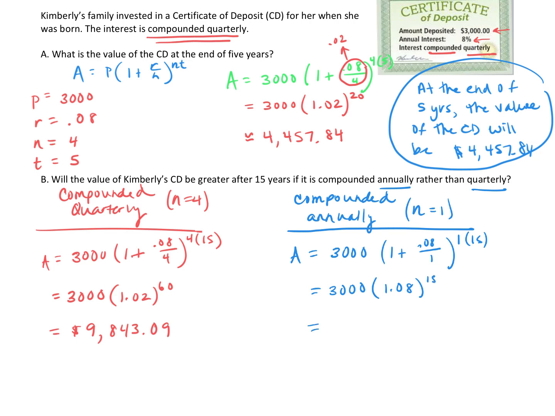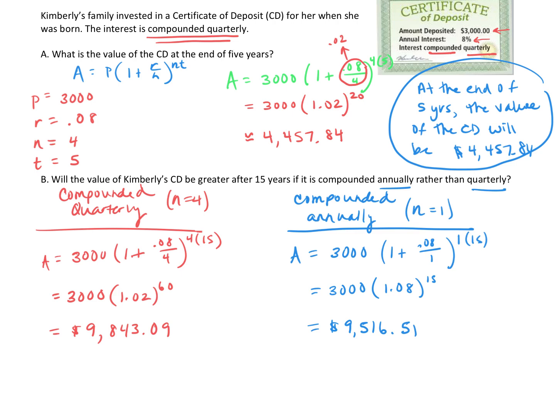We grab our calculator, we calculate that, and we get $9,516.51. So the thing to notice, it was the same principal, the same rate R, but we changed the number of compounds. It was the same time, 15 years.